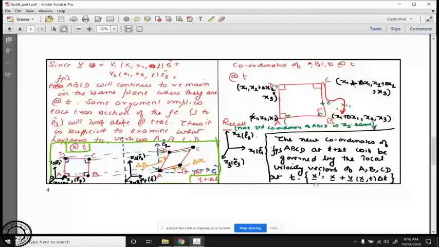Using a general representative symbol x prime, the new coordinate of a fluid particle will be its original coordinate plus the velocity that existed where the fluid particle was at time t, multiplied by delta t. We will use this idea now to write down the coordinates of A, B, C, and D at time t plus delta t. That's our next task.